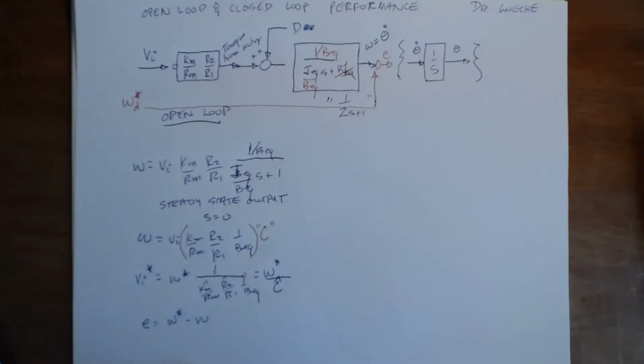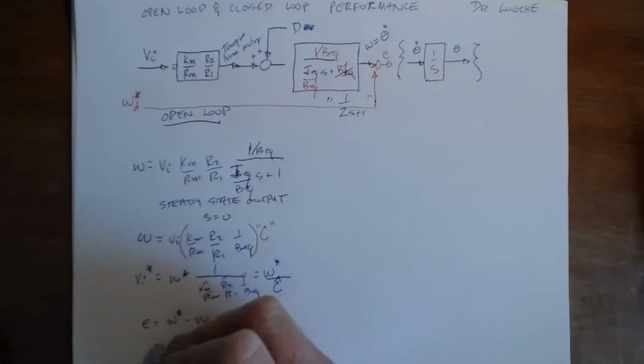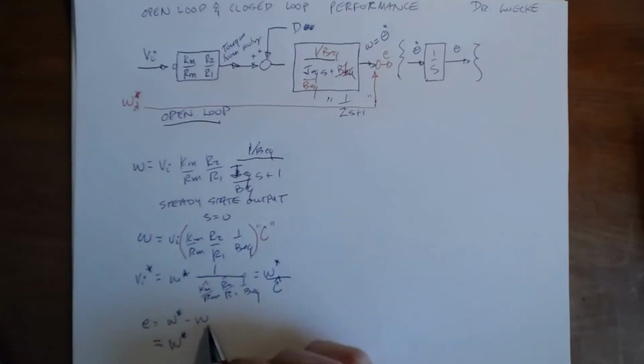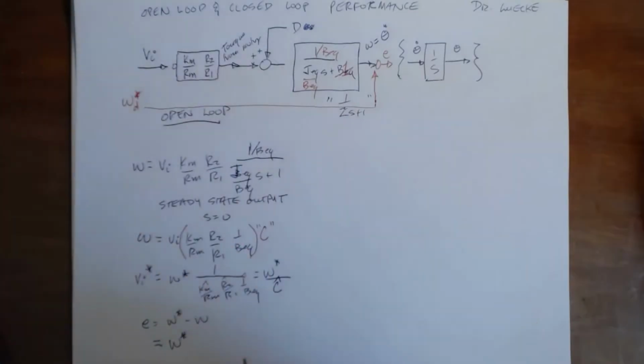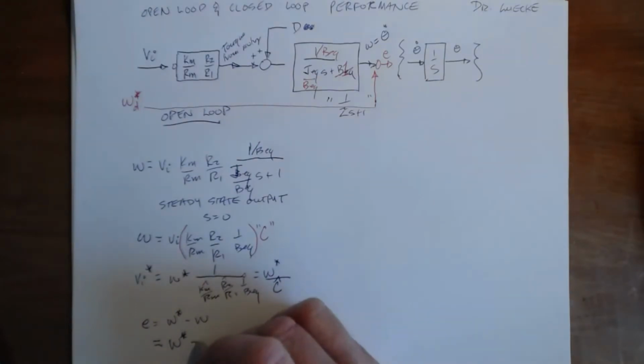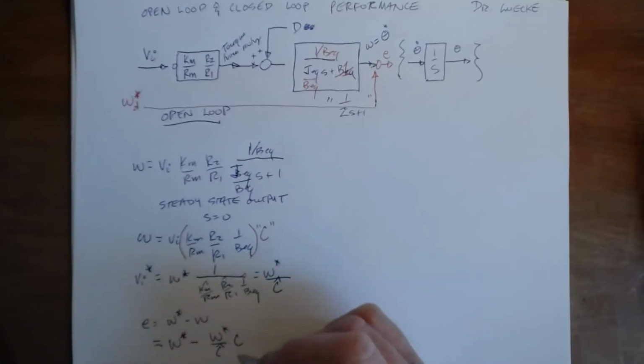So what is omega? I know what omega star is, but what is omega? So omega is equal to, this is omega star, so that's what I want it to be. And I know what omega is. Omega is the voltage times C. So that's going to be minus, and the voltage is omega star over C hat times C. And this is going to be equal to 0 as long as C equals C hat.